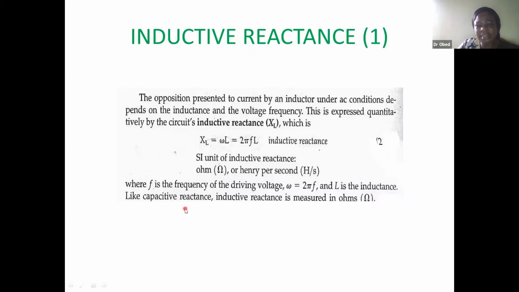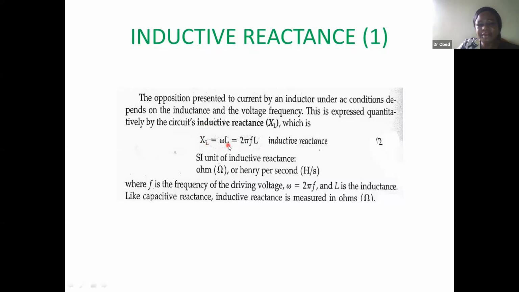Like capacitive reactance, inductive reactance is measured in ohms. So this formula gives us the inductive reactance.